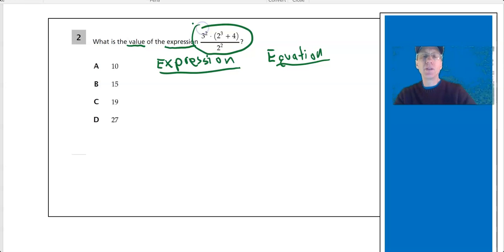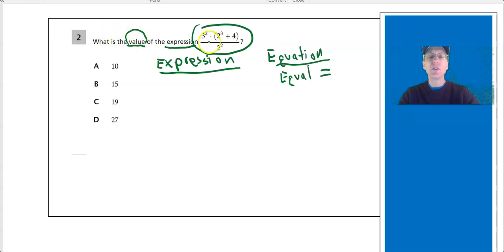What do you think? Think about that for a second in your head, and on the count of 3, say it out loud. Okay, 1, 2, 3. What's the difference? An equation has an equal sign, and you can see the word equals. An expression does not. So we're going to find the value of this expression.